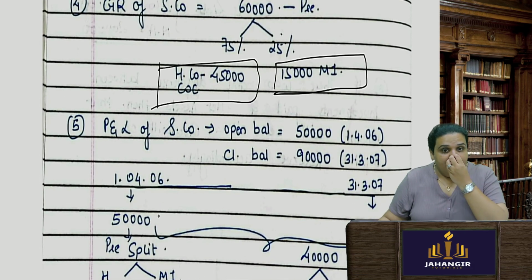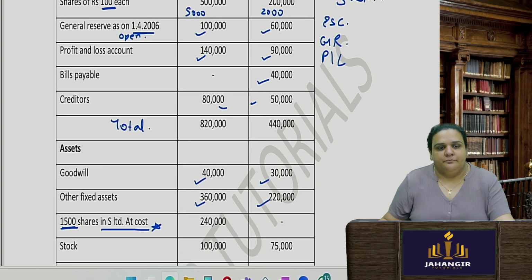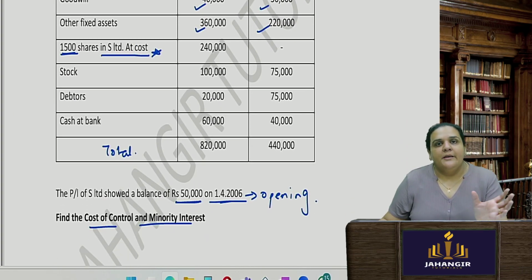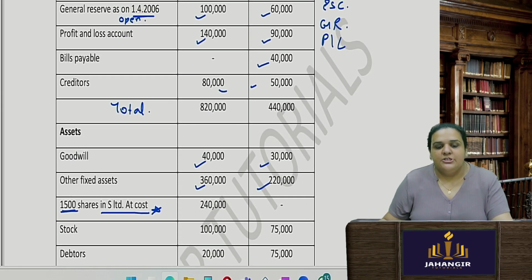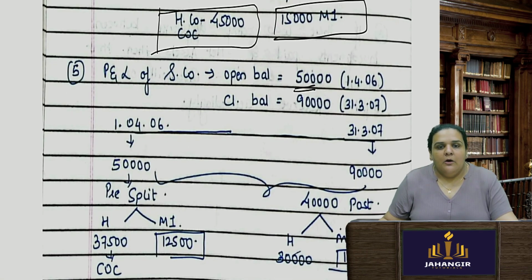Now P&L of S Limited. They have told me the opening on 1st of April 2006 was 50,000. They have told me in the question last that the opening balance of P&L was 50,000, but in the balance sheet as on 31st March, it is showing 90,000 here. So how will I treat this?